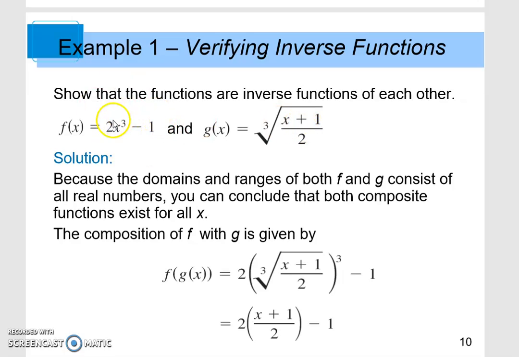And then our first step was to cube it, so now our last step is going to be the inverse of the cube, which is to cube root it. Whenever you're taking something to the nth power, its inverse operation is to take it to the nth root.